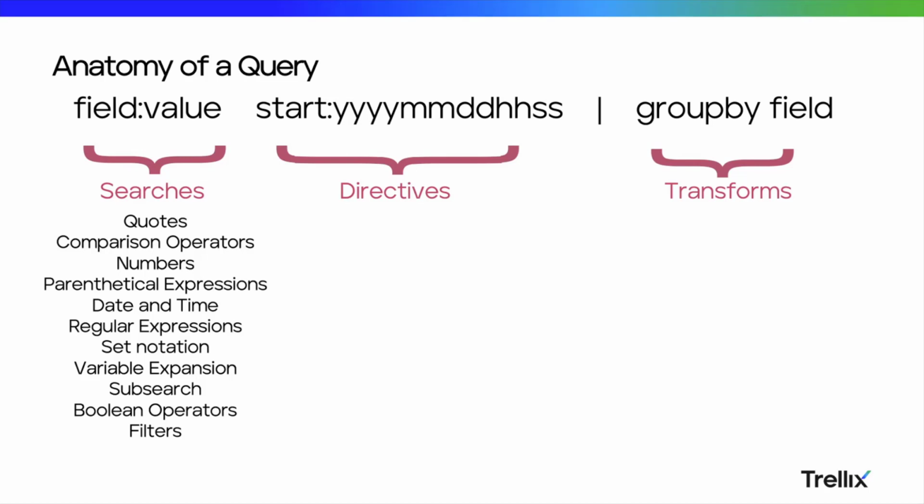So that's all the great stuff that we talked about with searches. We introduced the directives. Start and end are probably the most common that you'll see as you're searching and working in the UI, but we also support page size, offset, and limit. And we had several transforms that we discussed. So we had the group by, the sort, the table, and the histogram.